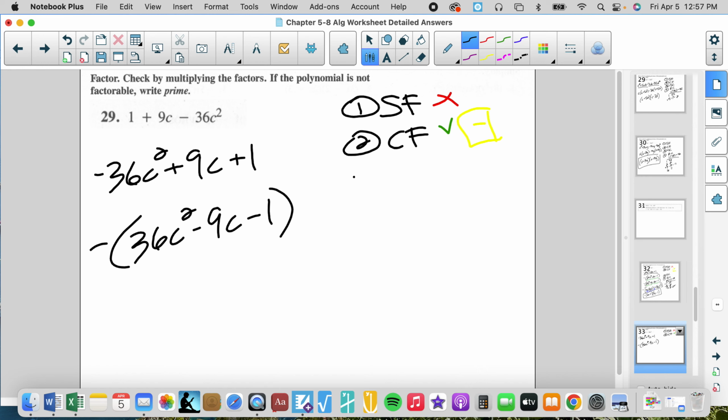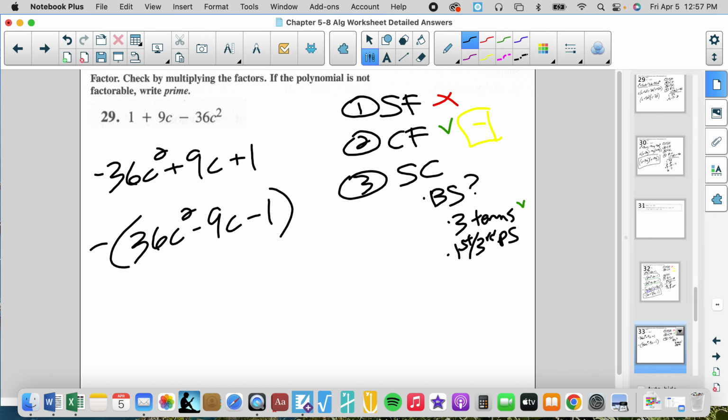And now we're going to do, oh, this is good. Hey, special case. Is it a binomial square? 3 terms. Yes, it does. First and third, perfect squares. Yes, 36 and 1 are perfect squares. Third term, positive. No, third term is not positive.